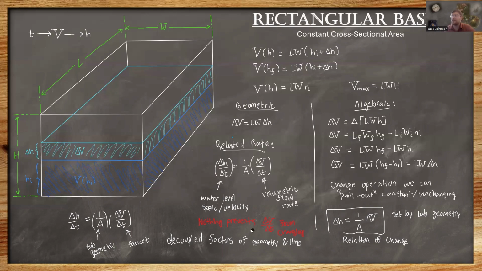Now, could you imagine an example in life, not necessarily of a tub, just anything where the geometry and the time component aren't nicely decoupled like this? Calc 1 gets this really annoying problem about someone walking at night with a street light, and you're measuring the length of the shadow.